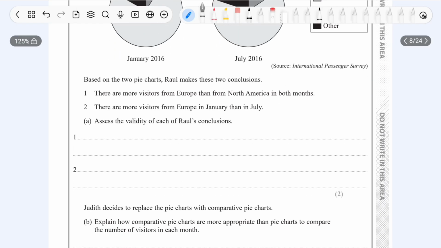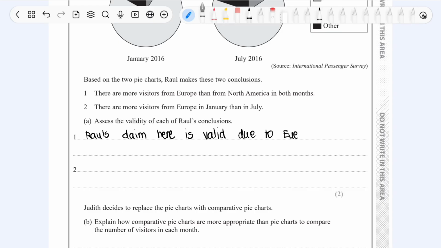So I'm going to put that Rule's claim here is valid due to Europe. Oh, terrible spelling.